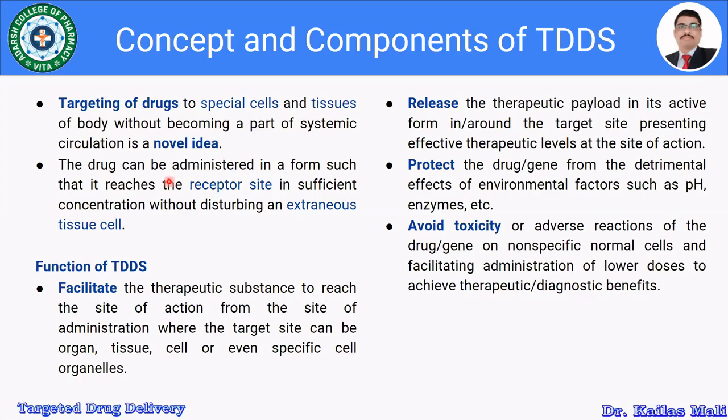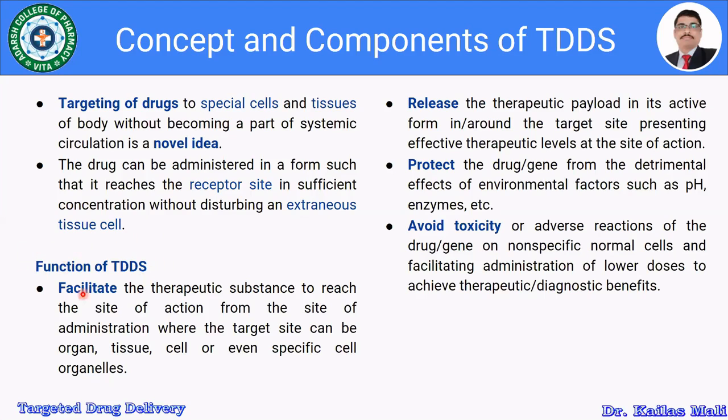The drug can be administered in a form such that it reaches the receptor site in sufficient concentration without disturbing extraneous tissue cells. So the formulation should reach the specific site without disturbing extraneous tissue cells. Let us see first the functions of the targeted drug delivery system.